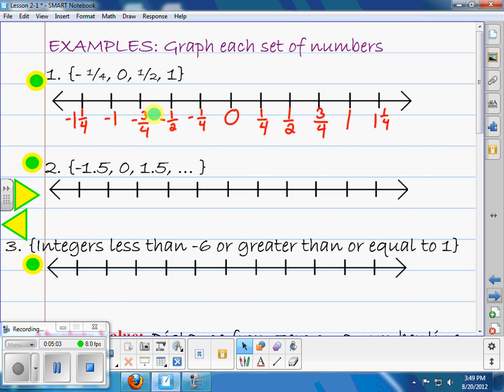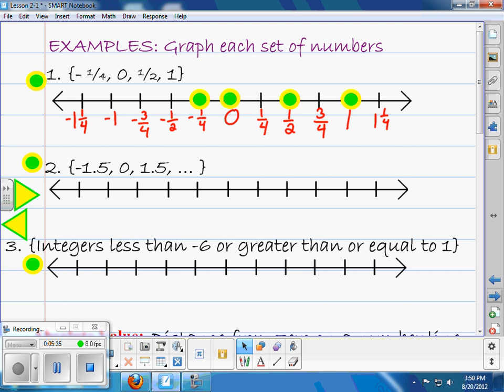We should have a point at -1/4, a point at 0, a point at 1/2, and a point at 1. Please make sure that your points are right on top of the number line, right on top of the tick marks. Do not put your points above the number line like so. That's actually called a line plot. So again, your points need to be right on top of the number line, right on top of the tick marks.